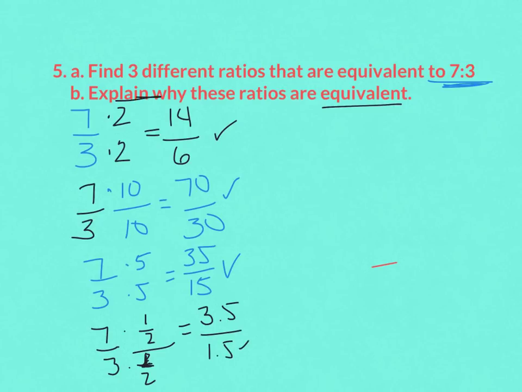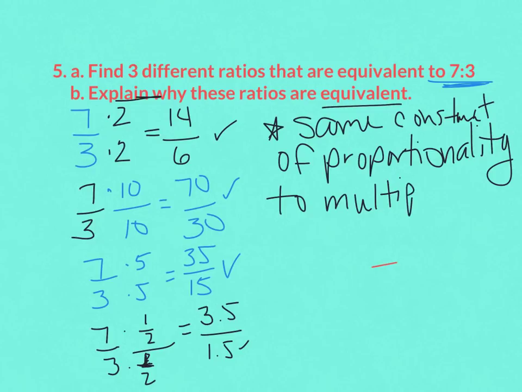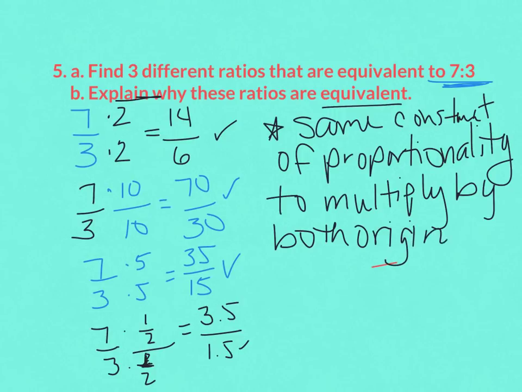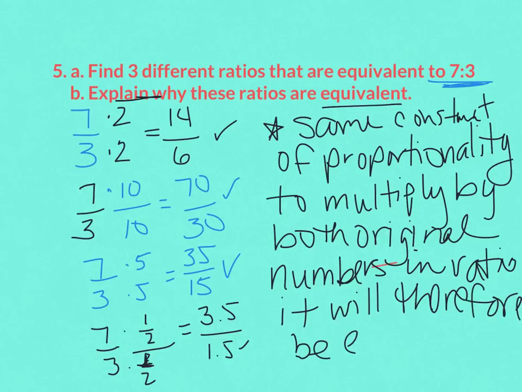To explain that, if I use the same constant, I promise that says constant, of proportionality, to multiply by both original numbers in the ratio, it will therefore be equivalent. And there's your explanation.